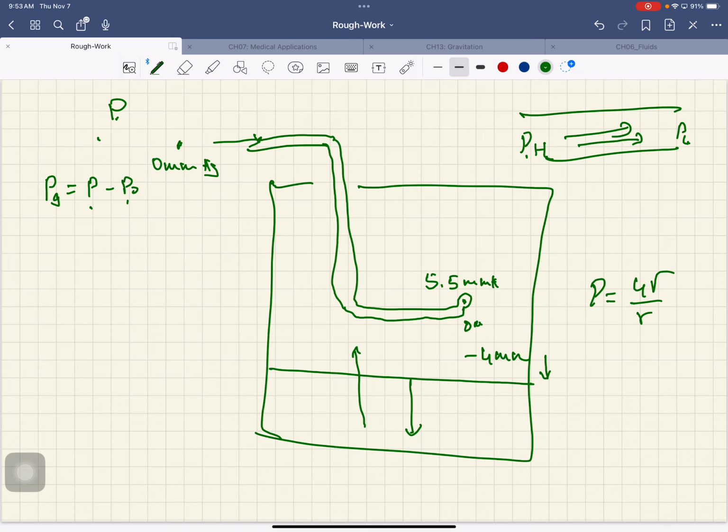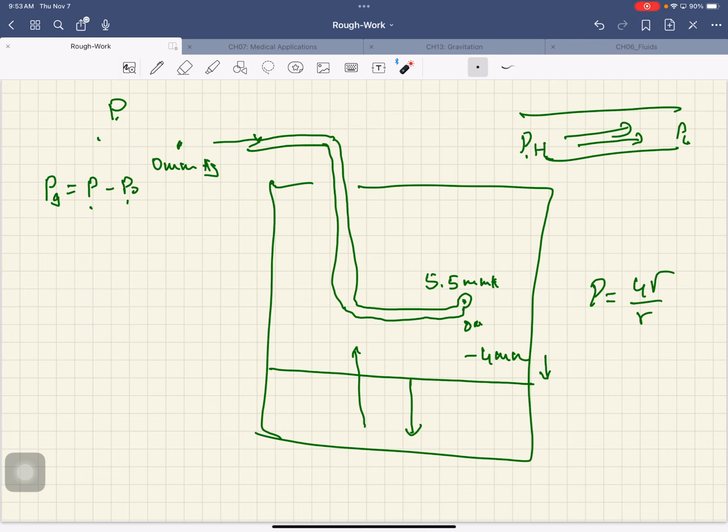So 5.5 minus 4 is plus 1.5, and this 1.5 pressure will drive the air out. Okay, so when you're breathing in and out, what you're doing is you're expanding and contracting this thoracic cavity. Okay, and that's how you're changing the pressure inside here, and bringing in air or expelling air.